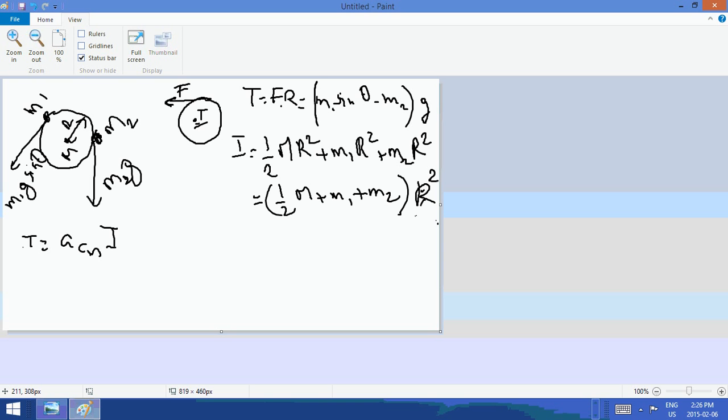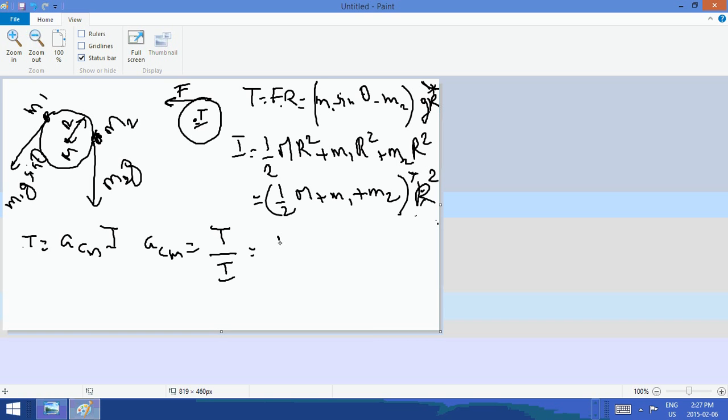So if you want to solve for the angular acceleration, it equals T divided by I. So we divide T, which is this one, by I, which is this one. Okay, and we forgot here to put a factor of R, so there is an R that will cancel out.